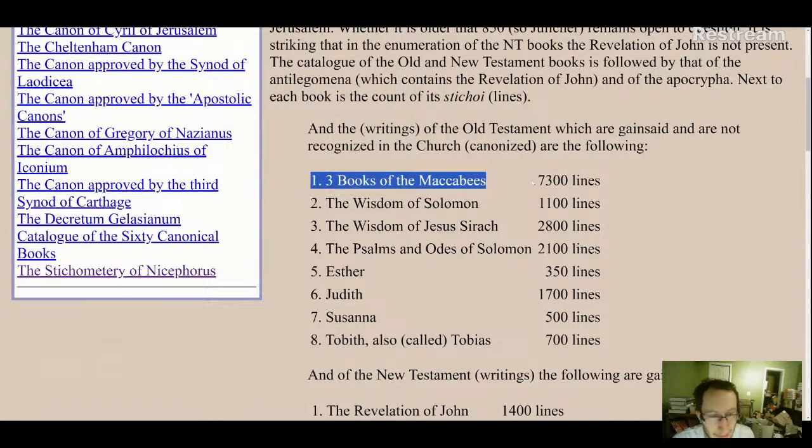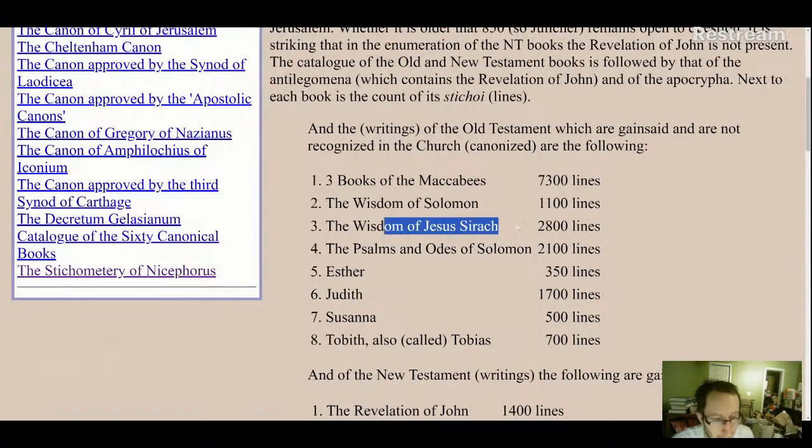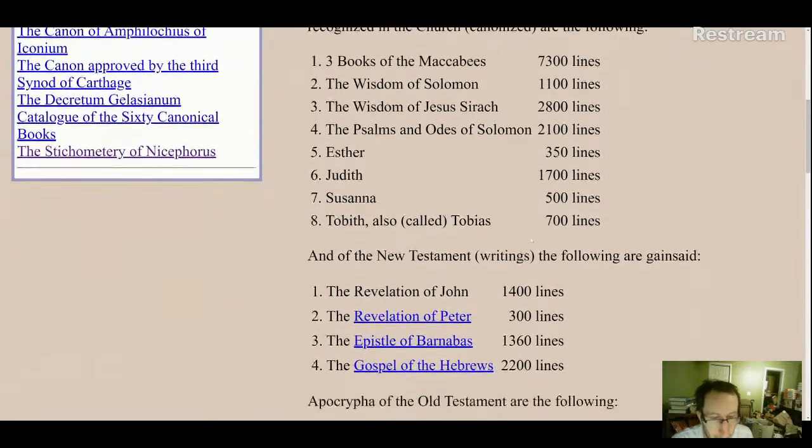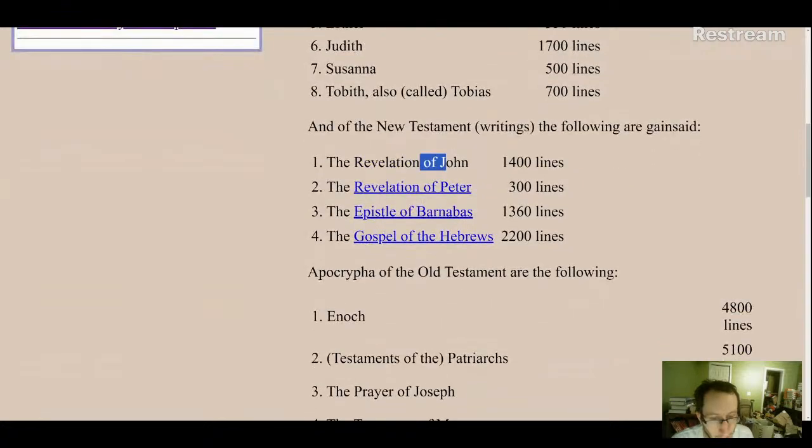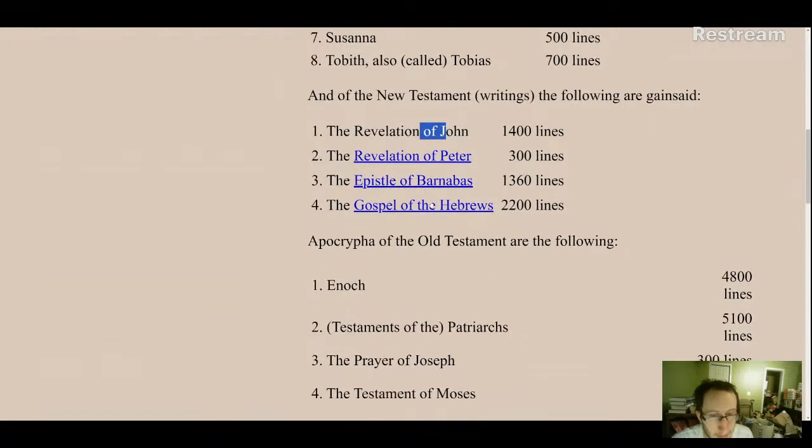The books of Maccabees, all three of them together, 7,300 lines. Wisdom of Solomon, 1,100 lines. The Wisdom of Sirach, 2,800 lines. Psalms and Odes of Solomon, 2,100 lines. So you have Esther, Judith, Susanna, Tobit, Revelation of John, Revelation of Peter, Epistle of Barnabas, Gospel of the Hebrews.